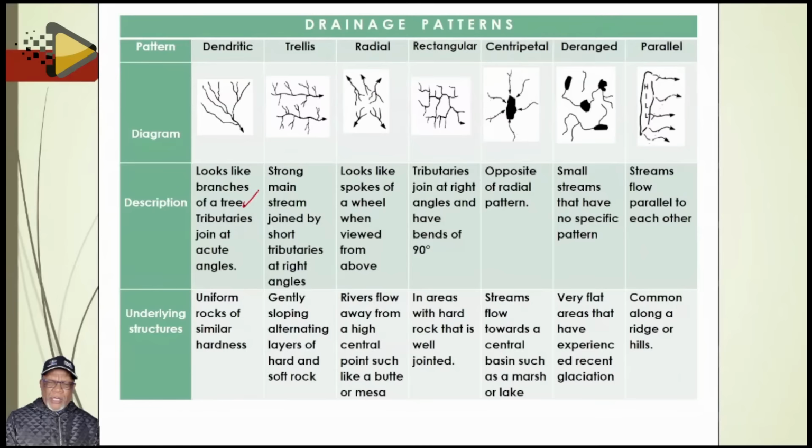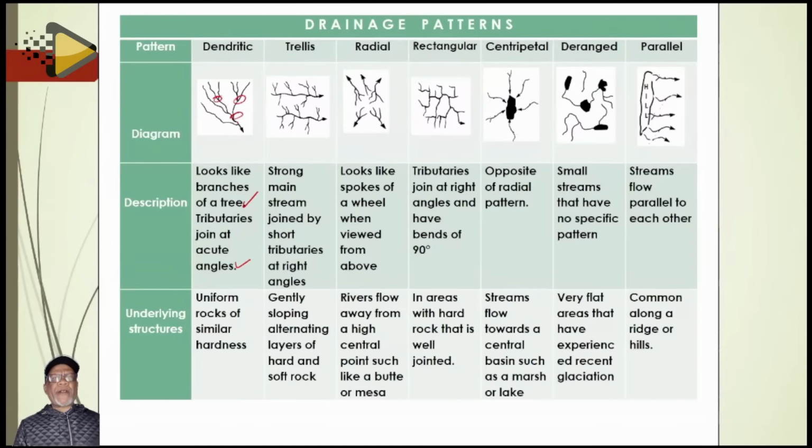It does not look like a tree, because different trees will have different shapes, but the branches inside a tree look more the same. And the tributaries join the mainstream at an acute angle. That is the characteristic.